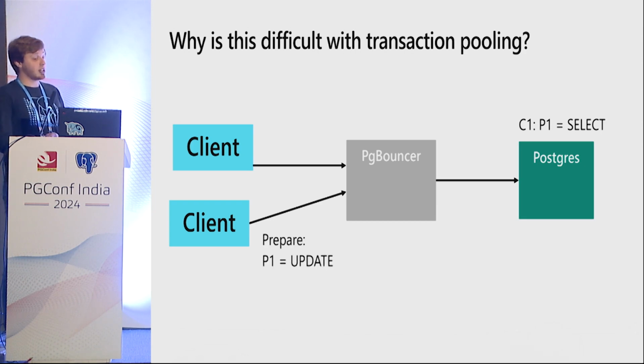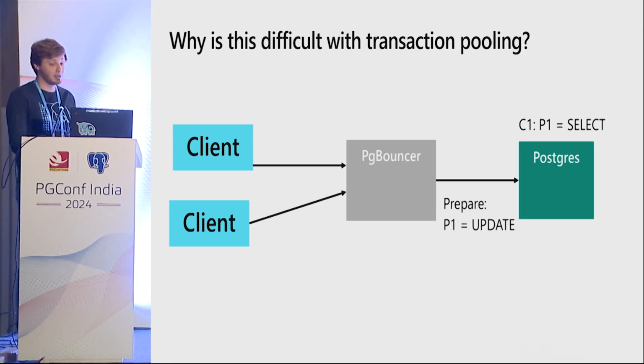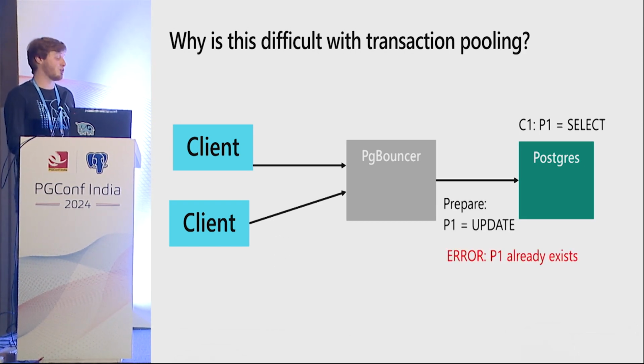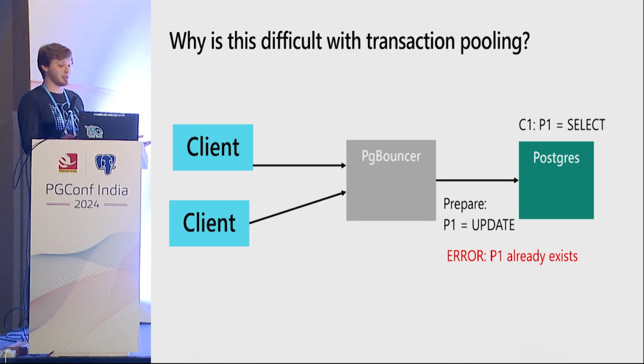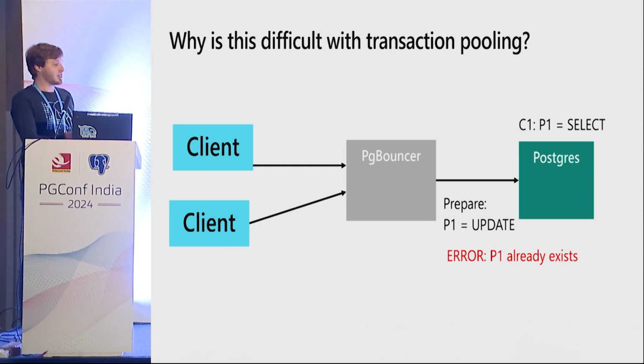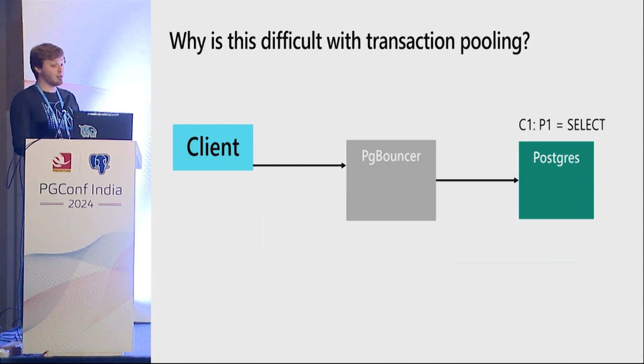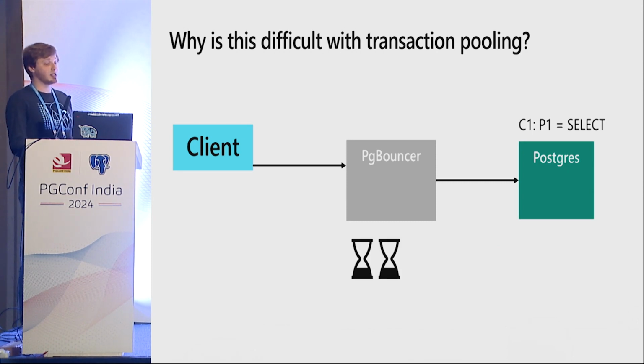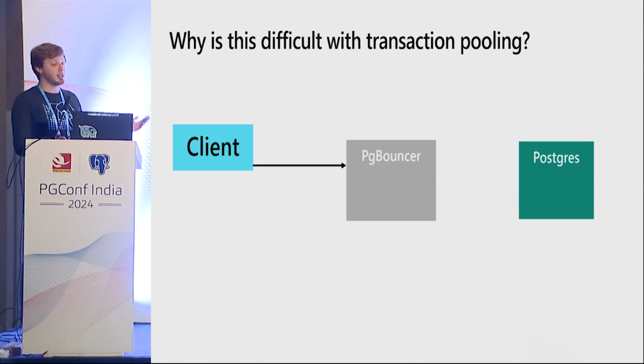But if then another client prepares an update with also P1 as the name, Postgres is going to complain because P1 is already defined. But the client below, it doesn't know that. It had no way of knowing. And then there's another feature of PgBouncer. When a connection to Postgres is not used for some time, or it's an old connection, it might throw it away and later set one up again.